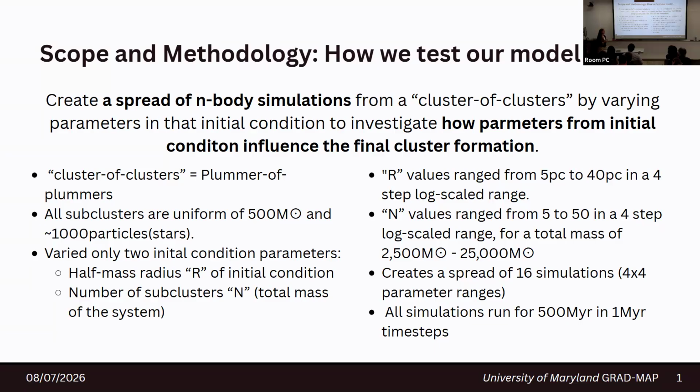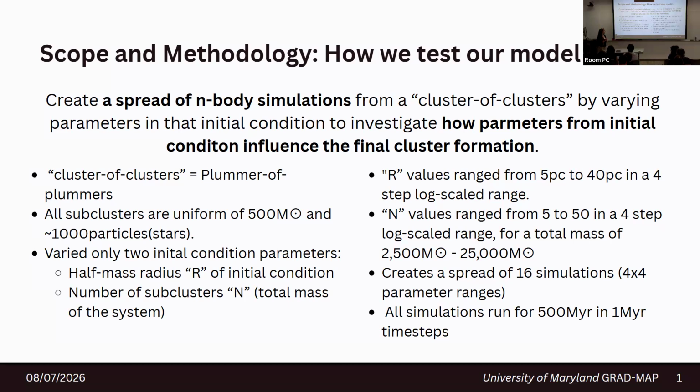We varied two parameters in the initial condition: R, which is the half mass radius of the cluster of clusters, the radius that encloses half the mass of the system, and the number of clusters in the initial condition, which is basically varying the total mass of the system. The half mass radii range from 5 parsec to 40 parsec in a 4-step log scaled range, so we had 5 parsec, 10 parsec, 20 parsec, and 40 parsec.